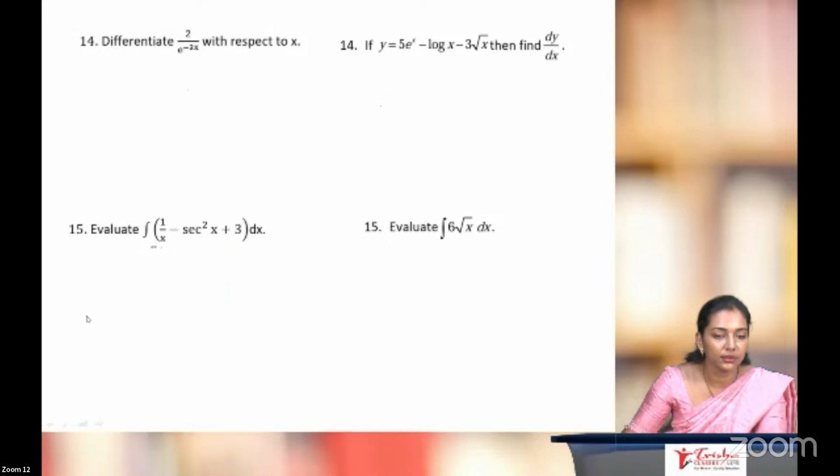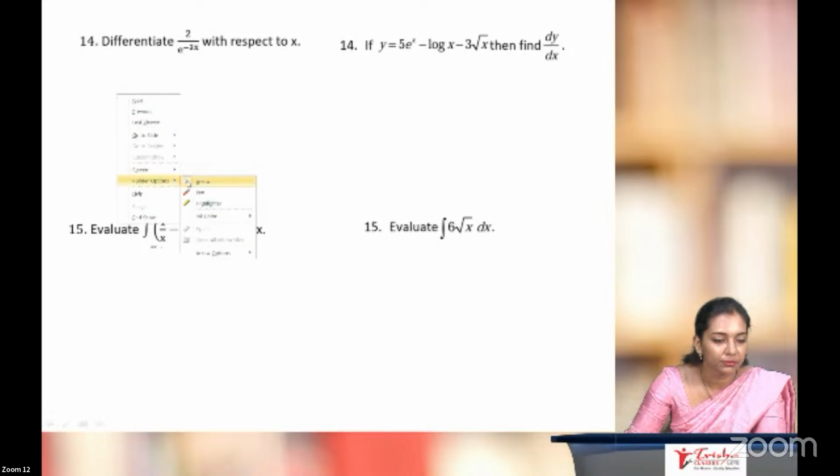So next is the differentiation, 14th question. Differentiate 2 by e to the power minus 3x with respect to x. Here you can take the denominator e to the power minus 3x to the numerator so that the power becomes positive. So 2 into e to the power 3x, this is our function y.